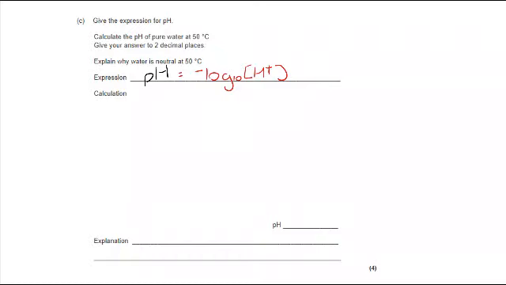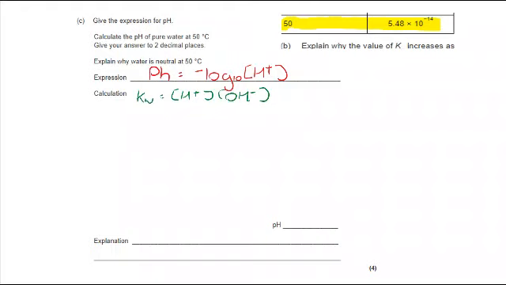In terms of the calculation, we have got Kw is H plus times OH minus, and we've got from earlier in the question our Kw value for water at 50 degrees C. Now, because we know that when one water molecule dissociates, it gives one H plus and one OH minus, we can assume that H plus concentration equals OH minus concentration, so Kw is equal to H plus squared.